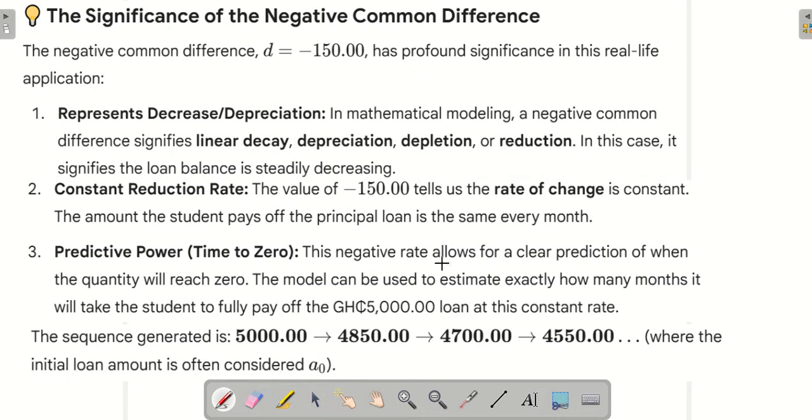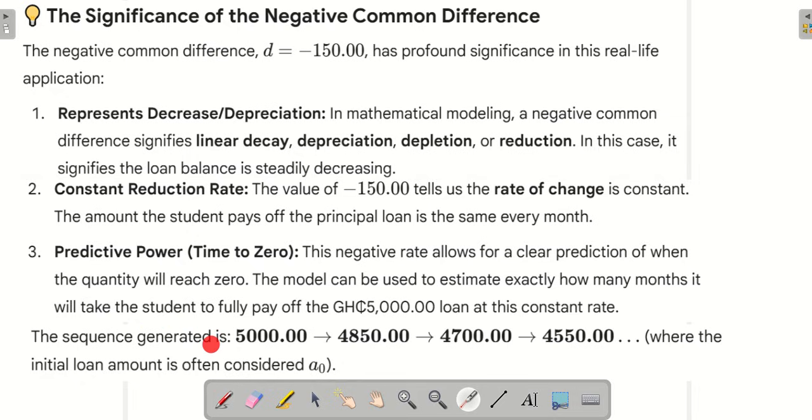This negative rate allows for a clear prediction of when the quantity will reach zero. The model can be used to estimate exactly how many months it will take the student to fully pay off the 5,000 Ghana cedis loan at this constant rate. So it means you keep reducing till you attain zero.